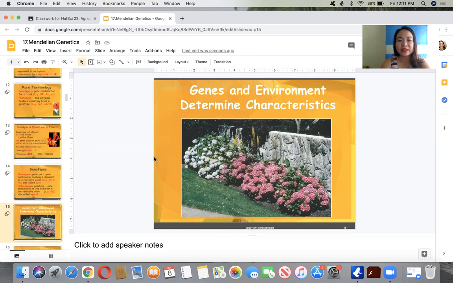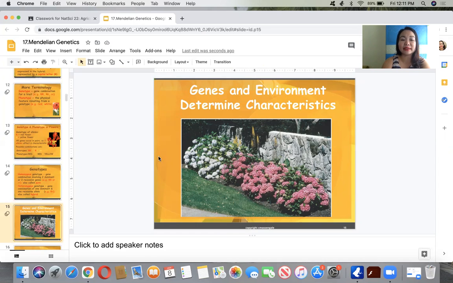The genes and the environment will determine the characteristics of a particular multicellular living organism, including human beings. So they say that 90% is genetic. The actual identity of a person is 90% genetics and 10% environment.